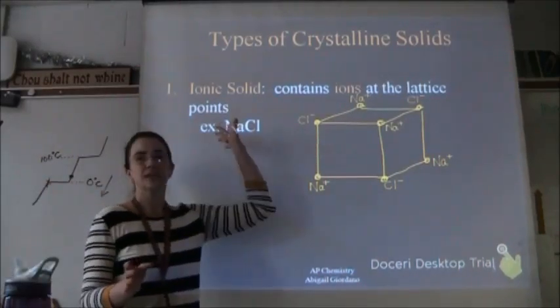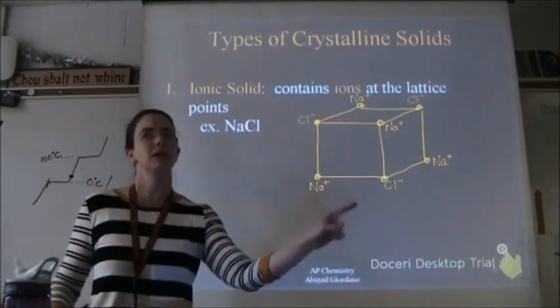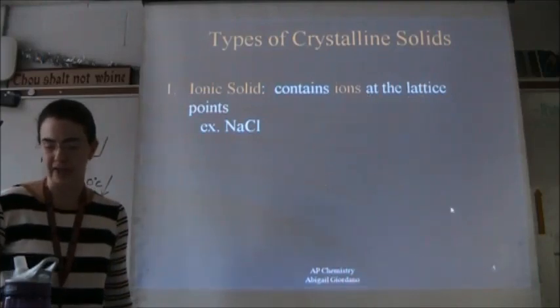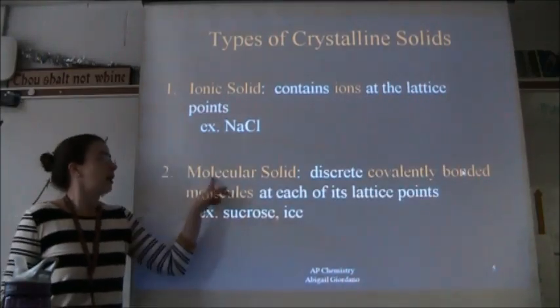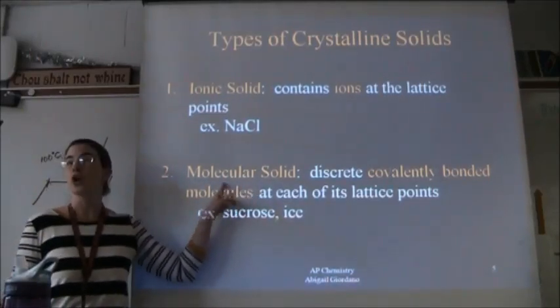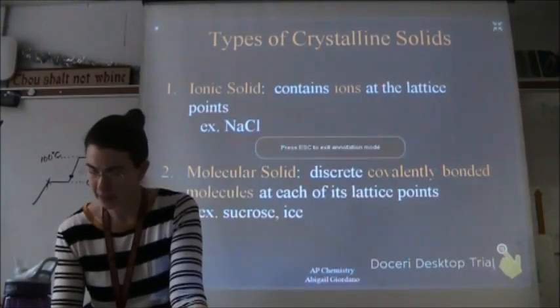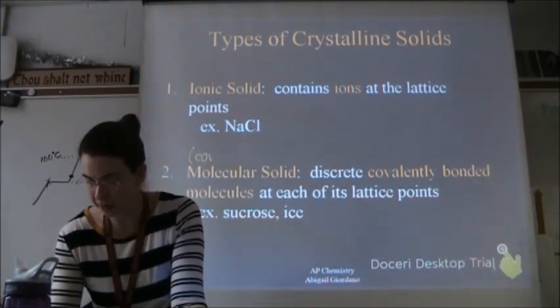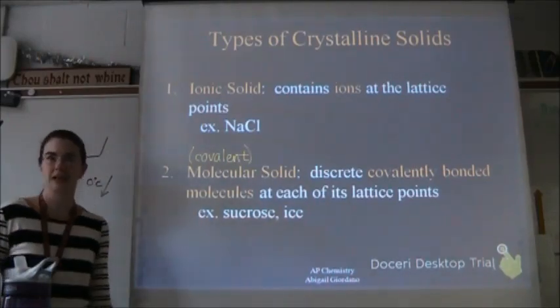Okay, if it's still a compound, but it's not ionic, it must be covalent, and that's our second type of solid. Let me give you a little clue, ladies and gentlemen. If you see the word molecular ever, anywhere, that is code for covalent.